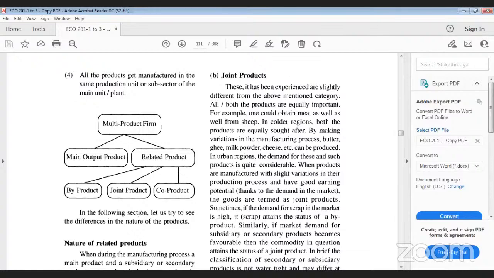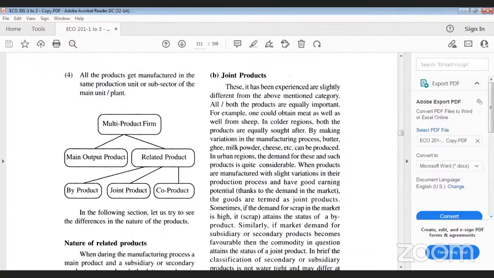Butter, ghee, milk powder, and cheese, etc., can be produced from milk. Demand for such products is quite considerable.